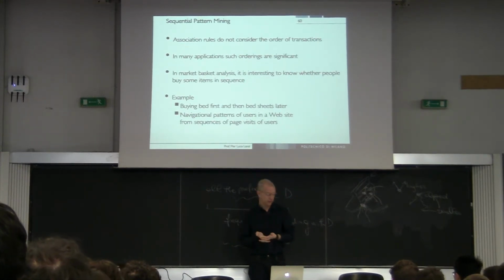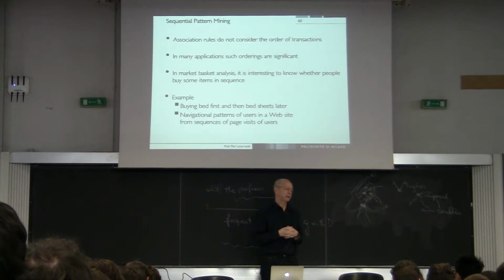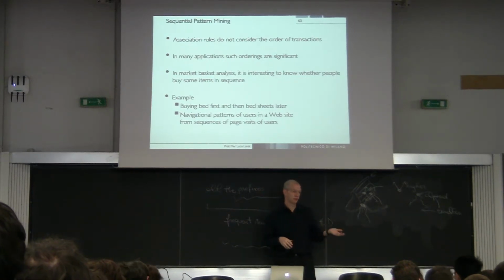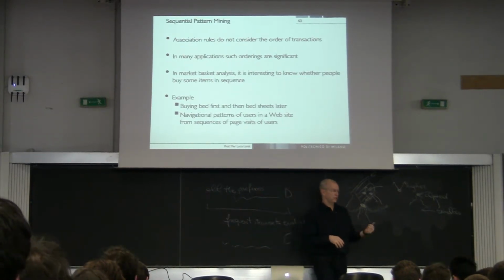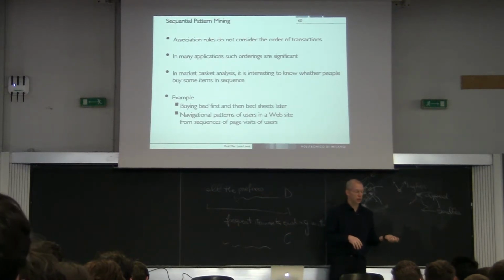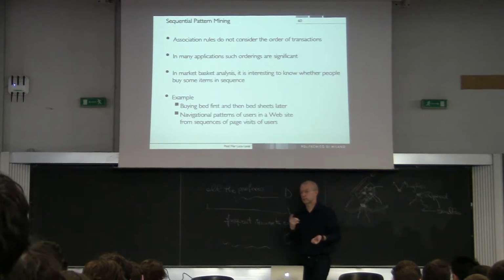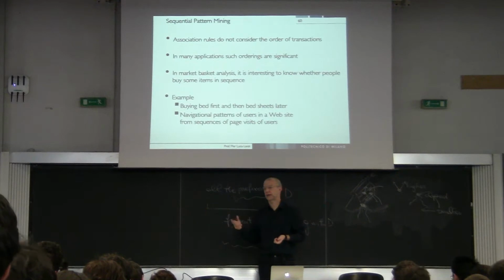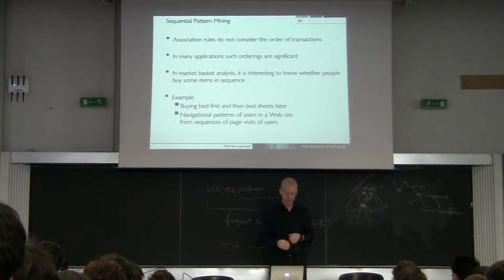Okay? But the easy way is something like buying patterns. I'm interested in knowing that if you bought the first 2 seasons of the Walking Dead, probably you're going to buy the 3rd season, but in a month. Okay, something like this.